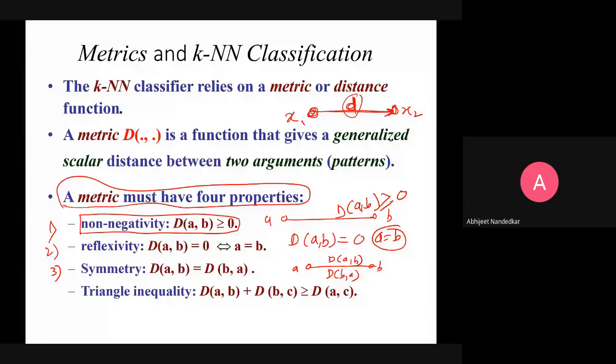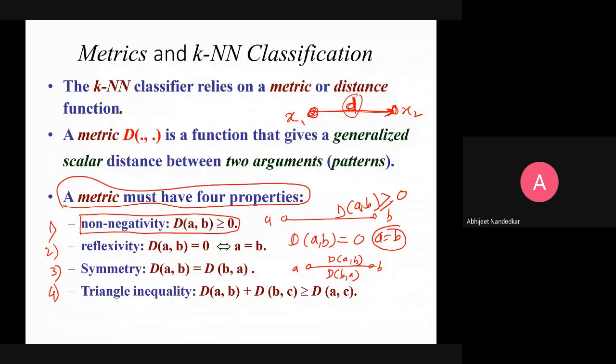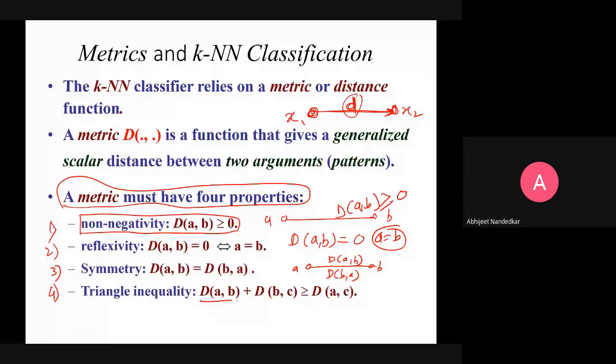The fourth one is the triangle inequality. That means distance AB plus distance BC must be greater than or at the most equal to distance between A and C. Generally we have equality, but if it is more than that, that is also allowed.